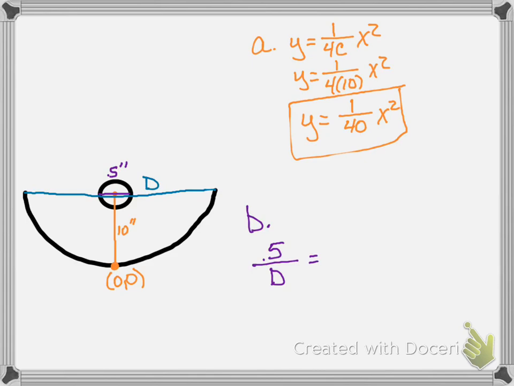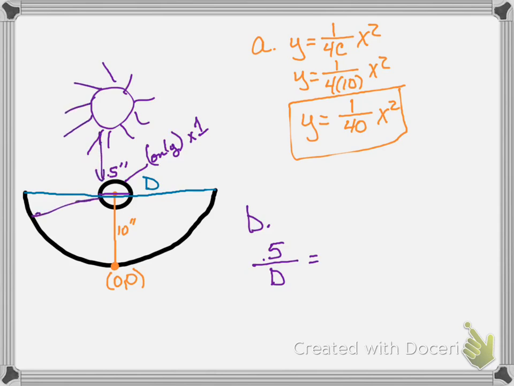The next proportion is the amount of light that it receives. Okay, the pipe, just the pipe by itself, receives 1 time the amount of sunlight when it's getting just the regular sunlight. But once the sunlight is reflected off of the dish and back to the pipe, it's getting 25 times as much.